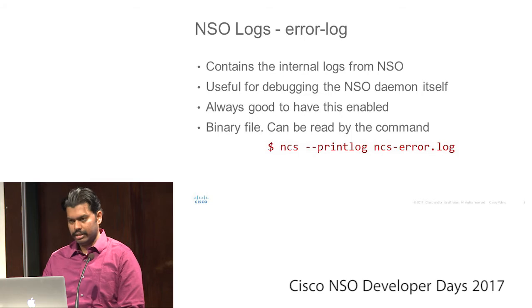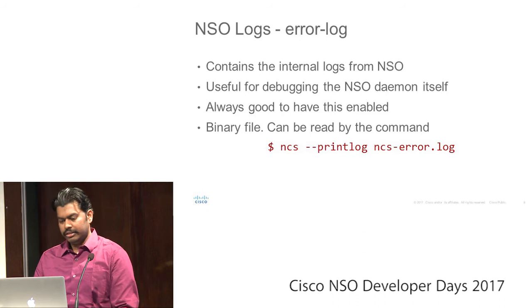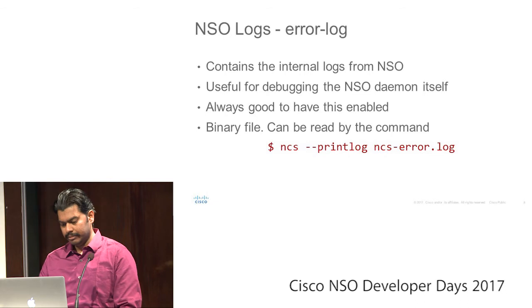So you won't run out of disk space or any issues like that. So I don't see any reason to have this disabled, even in a production system. Because when the other logs don't give you much information, maybe the error logs will give you what's actually happening inside the system.